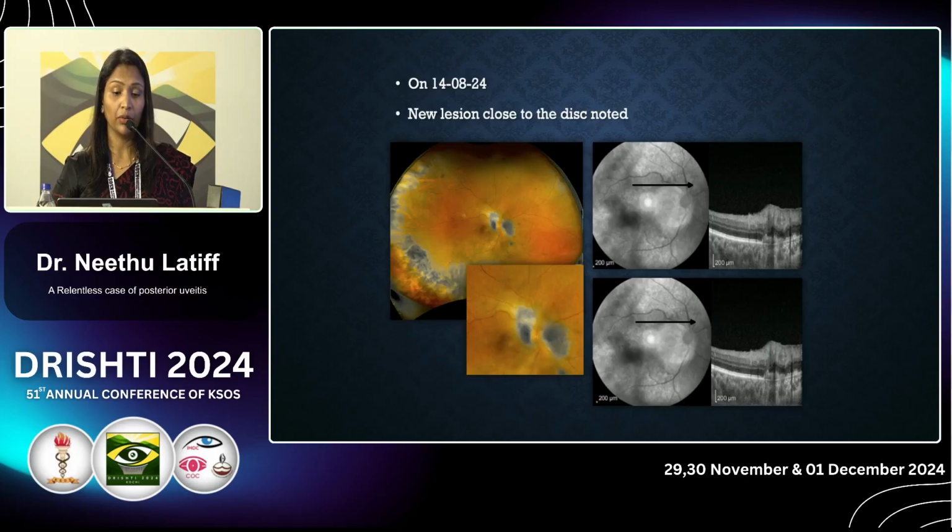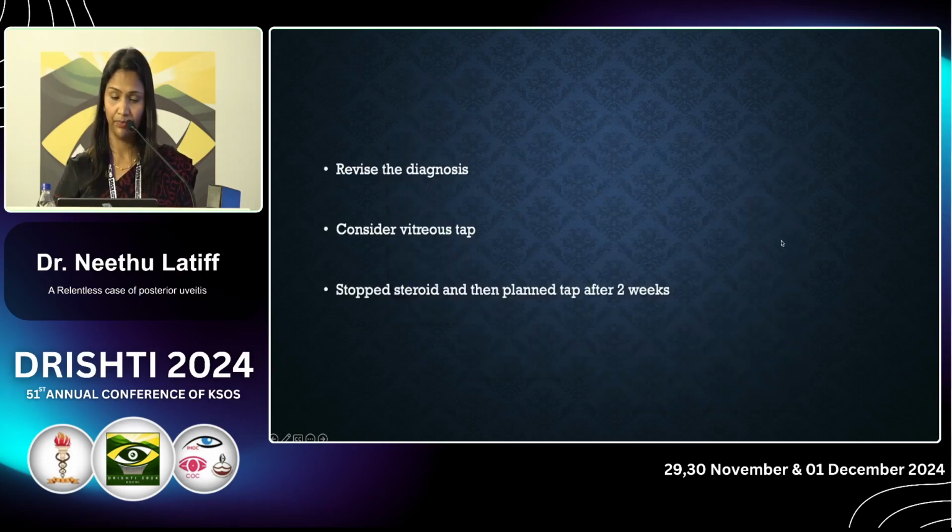And then we noted that in the next visit, the lesion in the peripapillary area became much more prominent, and OCT through the lesion was suggestive of inner retinal and outer retinal changes. So we thought of revising the diagnosis, considered vitreous tap, stopped steroid, and planned the tap after 2 weeks.